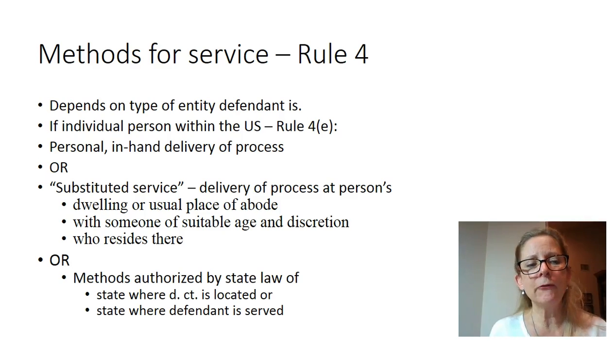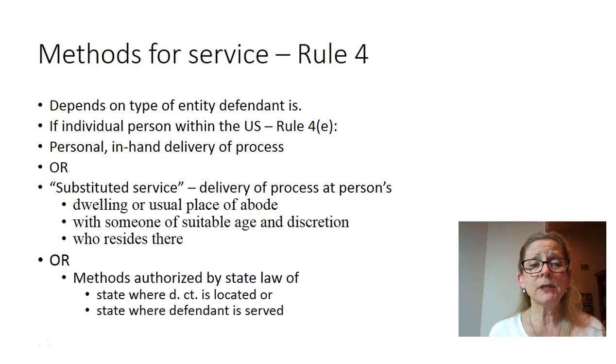Now, looking first at a person's dwelling or usual place of abode, the key provision in the case law interpreting that is that there must be some indicia of permanence to this place. Now, as we talked about when we did subject matter jurisdiction, an individual person can only have one domicile for purposes of diversity jurisdiction.